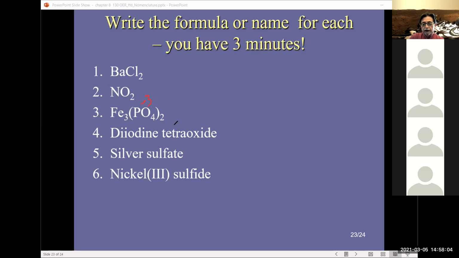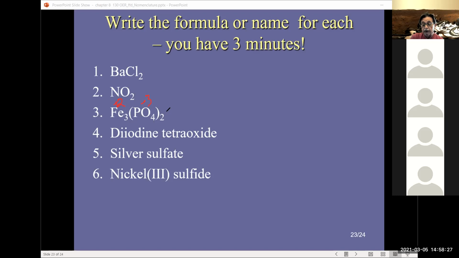Because this must be iron 2, because that gives me a total of +6 charges, and the phosphate gives me a total of -6. So it's a +2. That's correct, Leah. That would be the name, iron 2 phosphate.